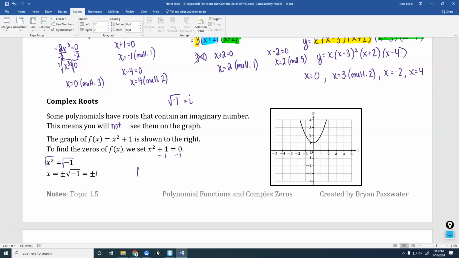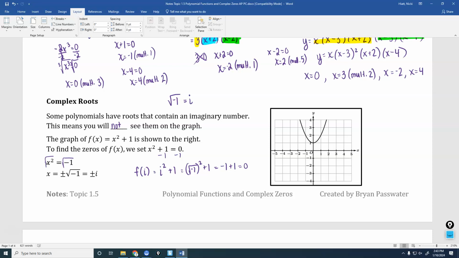Because if I do f of i, if I plug it back in, I will get i squared plus 1. i squared is the square root of negative 1 squared. And the square root of something squared, that's just going to cancel each other out. You'll get negative 1 plus 1 here, which will give you 0. i squared is going to equal negative 1. So we get 0.